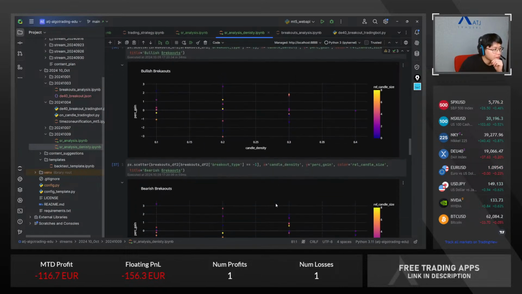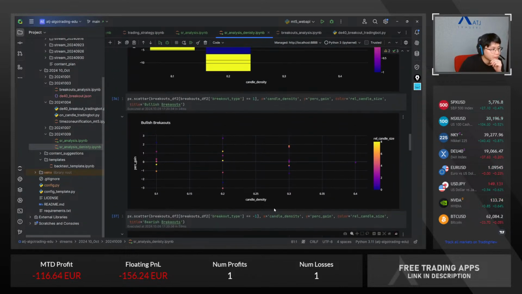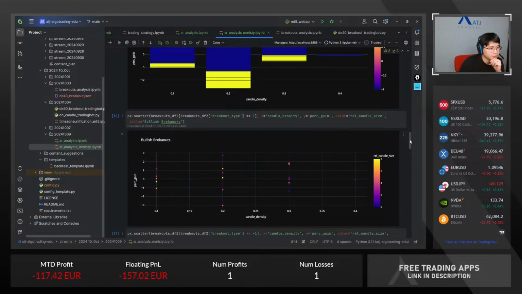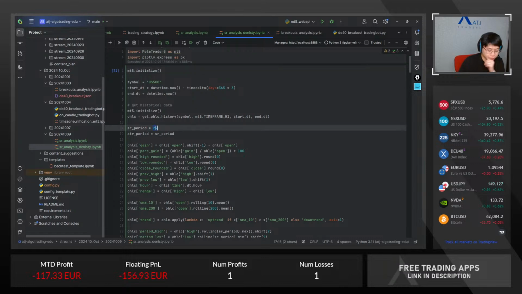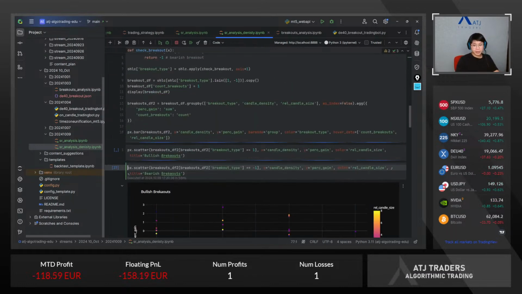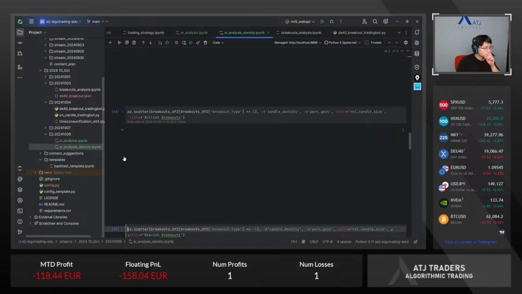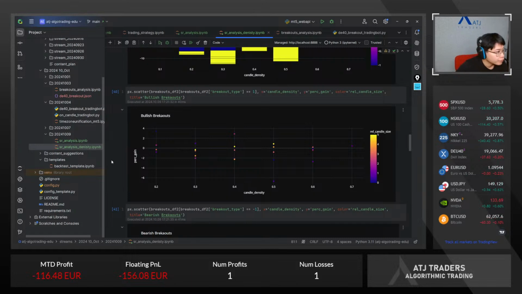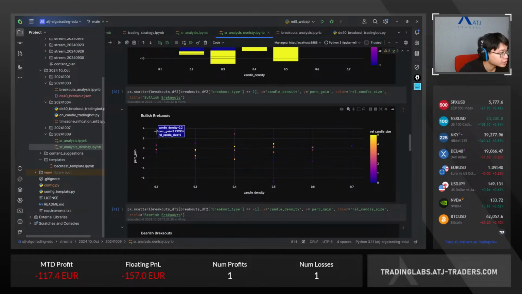And okay, so here we have the separation by candle density using highs and lows over a 24-hour period. Or what if I just do an 8-hour period by session? Should be enough for intraday breakouts. Okay, and the scatter plots are actually very nice, because a single scatter plot shows me a profitable opportunity simply based on a single value.